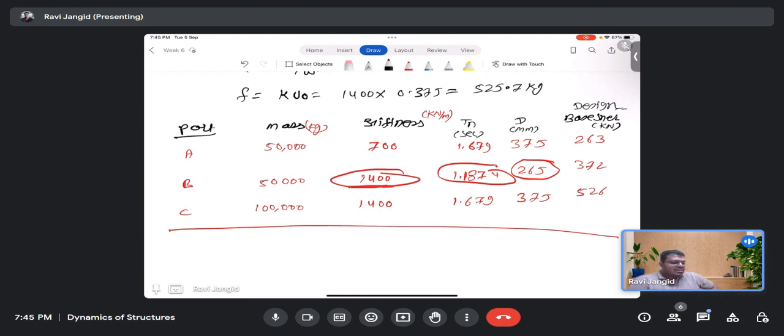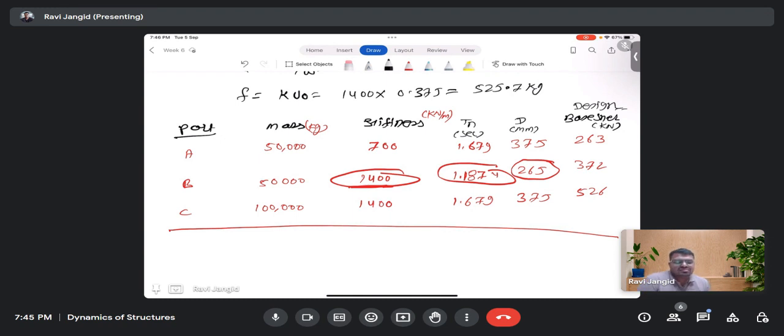So here, in the third case, you can see the time period is increasing, but our base shear is high. When the mass is increasing, the force will increase, because force F = ma. When you increase the mass, automatically the force increases. Simply it will be like that.